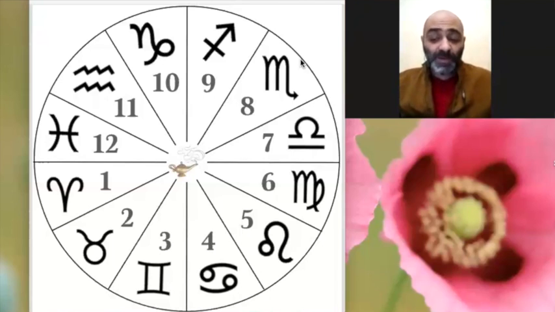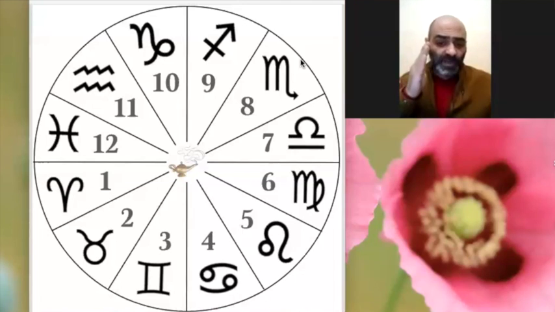In Vedic astrology, we call the 4th, the 8th and the 12th the moksha houses. Can you say more about what that is for us? What is moksha? Moksha is a Sanskrit word that means liberation.